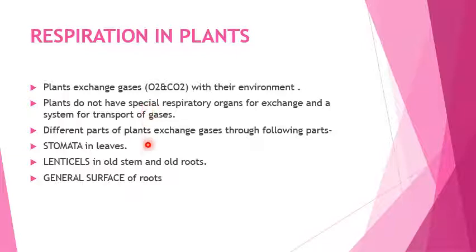So in respiration, the plant will take in O2 and release CO2. And during photosynthesis, the plant will take in CO2 and release O2. But that CO2 comes from the respiration end product of the plant. Is it clear? If there is any confusion regarding this, you can clear the doubt with me.